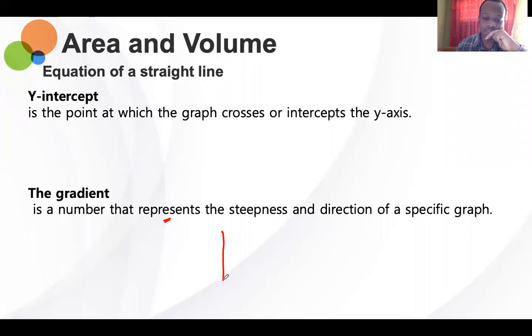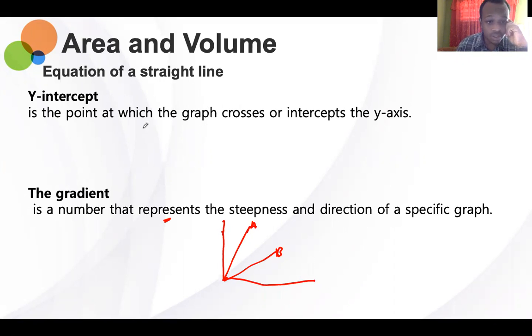If the graph is steeper, it will have a higher gradient. So just tell me, you have line A and line B, which one of these lines would have a higher gradient? A. A would have a higher gradient, right? Because it is steeper. Simple. That's all it represents.